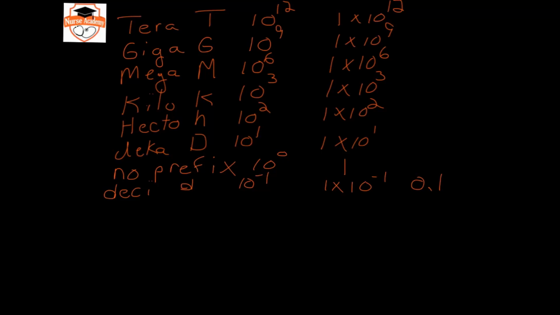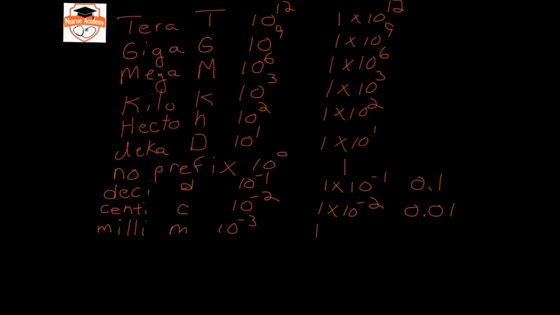After deci is centi, and that's a very commonly used one in length. We talk about the centimeter all the time, and that's 10 to the -2, 1 times 10 to the -2, or 0.01. Then we have milli, which is another really often used one, and that has the abbreviation of a lowercase m. It's 10 to the -3, or 1,000th.